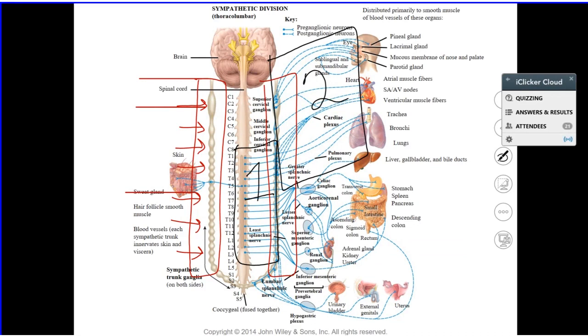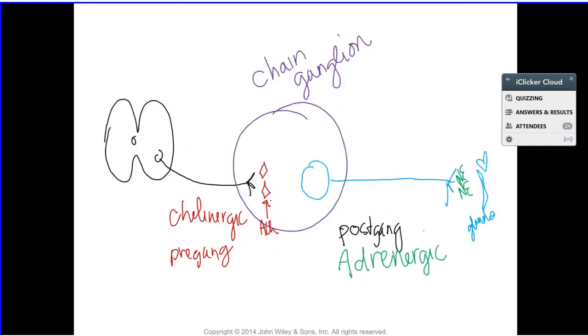And we call them chain because they look like a chain that you would wear around your neck. The chain ganglia is the pathway that neurons take when they want to innervate organs in your thoracic cavity.